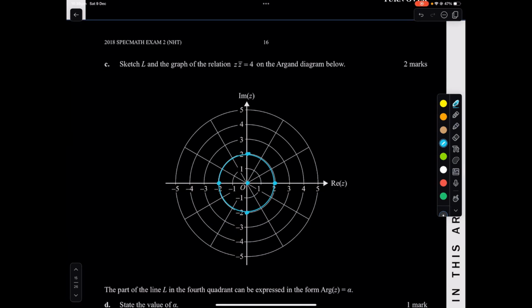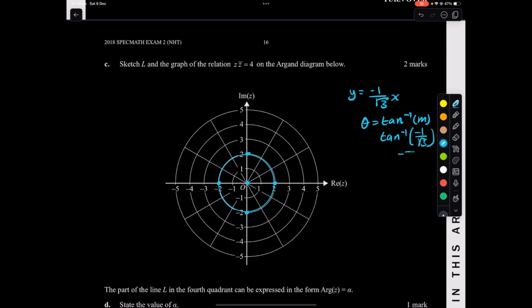Okay. All right, so the line L is just y equals negative 1 over root 3 x. Well, let's just find the angle. For example, if we have this equation, to find the angle, you know how it's normally the tan. So your angle is just tan inverse of the gradient. Well, the gradient is just negative 1 over root 3. Tan inverse of negative 1 over root 3 is just negative pi over 6.